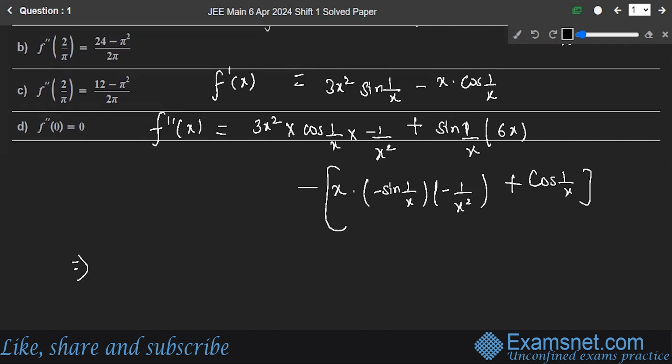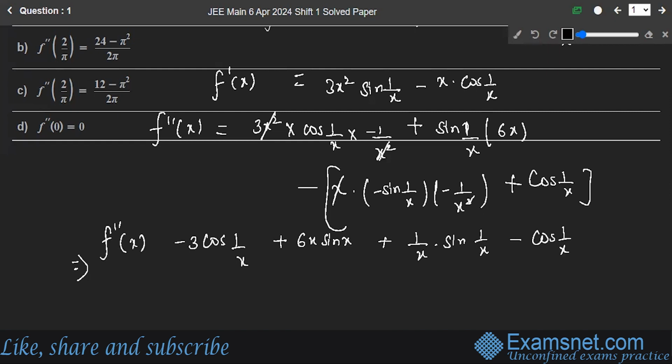Let's solve it. You will have the x squared cancel, this will be minus 3 cos 1 by x, and this will be 6x sine 1 by x, plus 1 by x sine 1 by x minus cos 1 by x. So this is your second derivative of the function f(x).